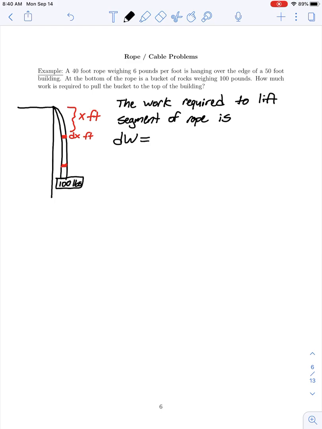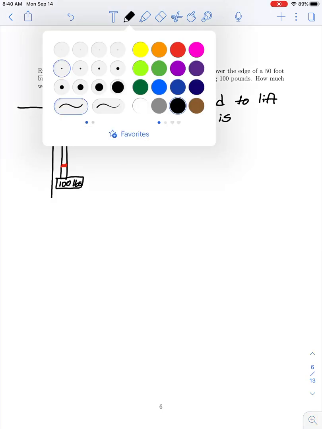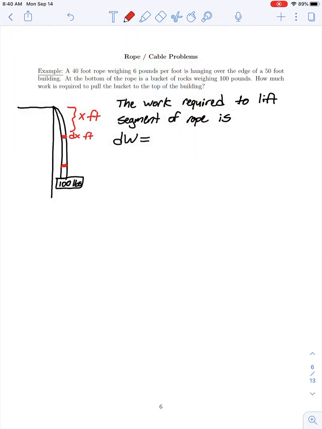So let's think about how to get the force required to move this section of rope. Now in the problem statement, we're told that this rope weighs 6 pounds per foot. So to get the weight for my section of rope, which would be equivalent to the force needed to move it, I'm going to take my weight density, which was 6 pounds per foot, and then multiply by the length of that section of rope, which was dx feet.